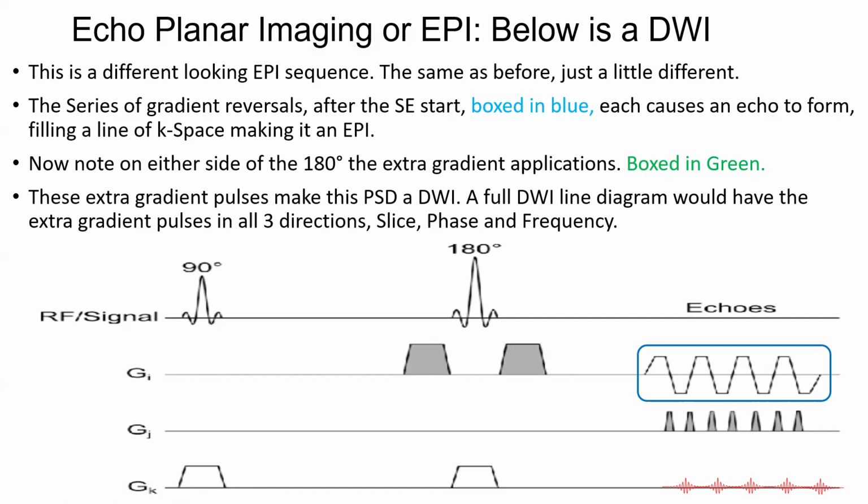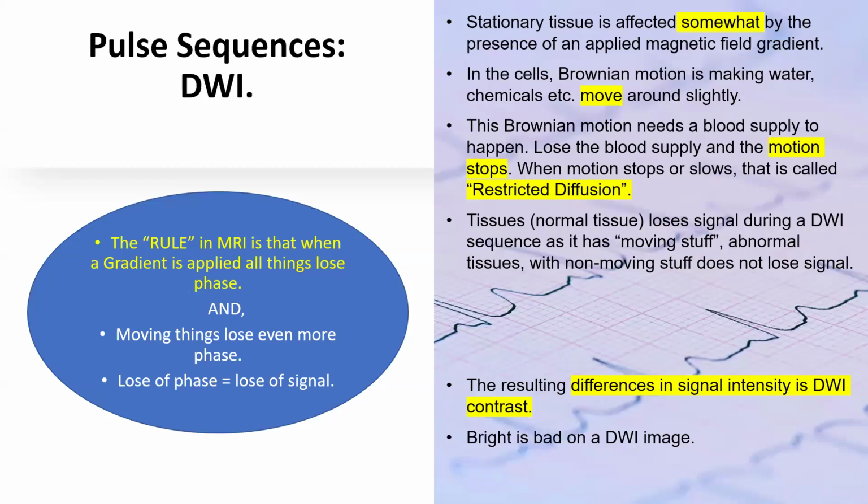So in echoplanar, specifically DWI, we use gradients to not null, but lower the signal from tissues that are moving, okay? So we are going to get our DW contrast from tissues that are moving things on a cellular level.